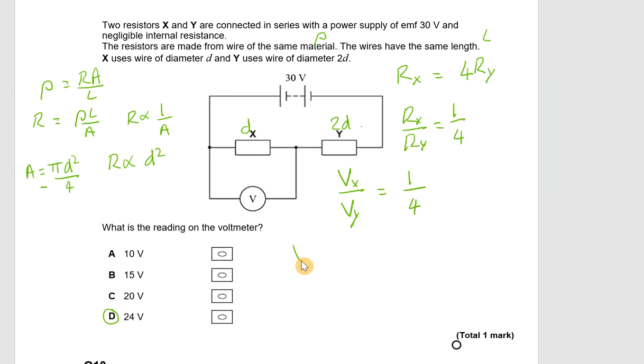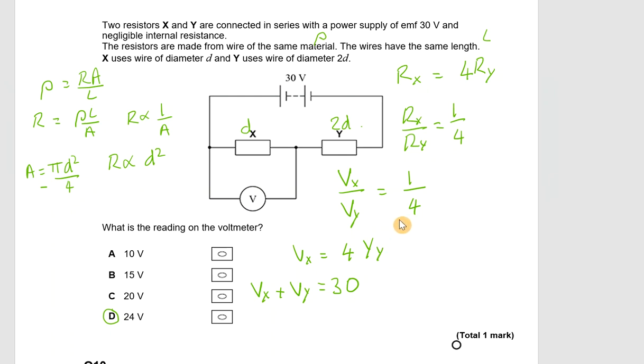So that tells me that the potential difference across X is going to be 4 times the potential difference across Y. The other thing we know is that all the PD supplied must be equal to the sum of the PDs across the two resistors. So the PD of X plus the PD of Y must equal 30.